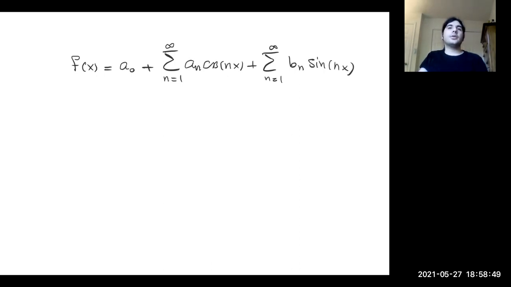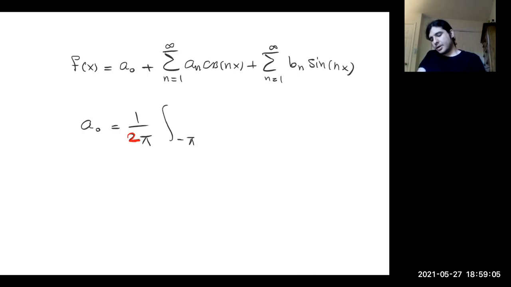Then we can compute these values a_0, a_n, and b_n. So a_0 would be 1 over 2 pi. Note that this is the only one which has the constant 2 here. The rest of them are 1 over pi.